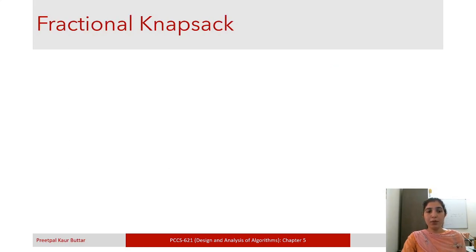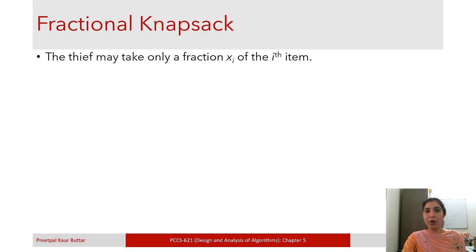Now, because we are talking about greedy approaches, we will solve this fractional knapsack problem. We already know that in fractional knapsack the thief can take a fraction of the ith item, and let this fraction be denoted by xi.